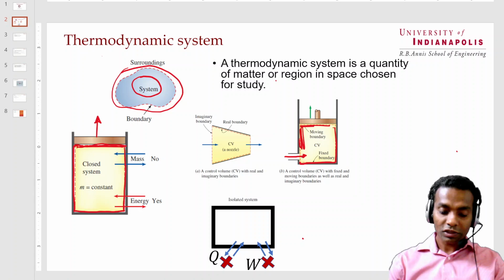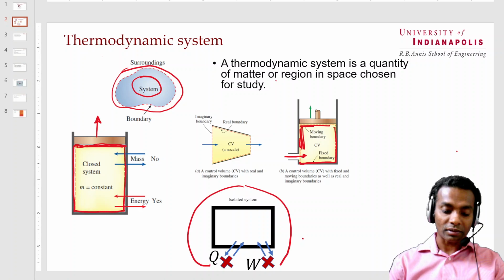One special kind of system is known as an isolated system, which is a special kind of closed system. In a closed system, even though the mass cannot interact with the surroundings, the heat and work can interact.